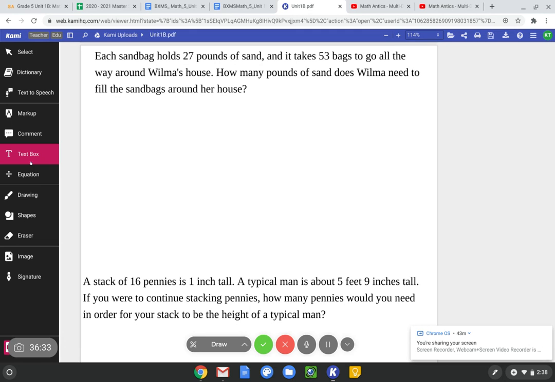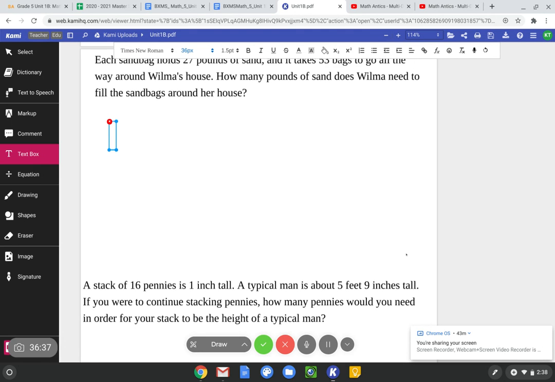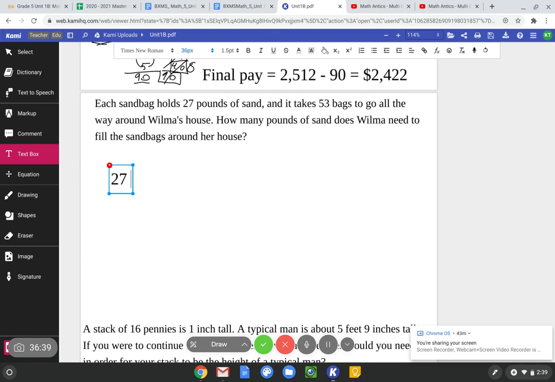So the 2 factors that we're dealing with, remember, it's going to be 27 pounds multiplied by 53 bags. So if she goes to the store and she needs to figure out how much sand to buy, this is the problem she'd do.